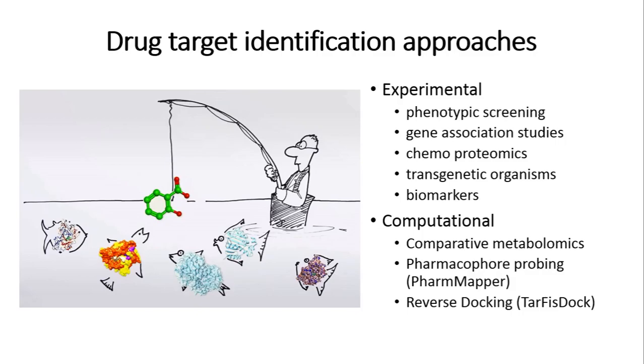Then the next type of approach that is used for drug target identification is the computational approach, right? The very first technique that we are going to discuss for identification of drug target is called comparative metabolomics, or sometimes it is also referred to as the subtractive genomic approach.